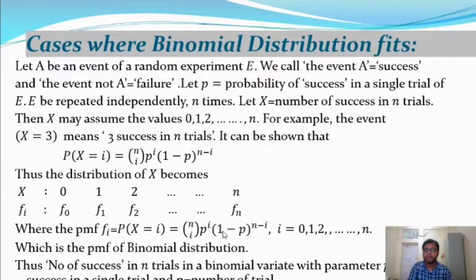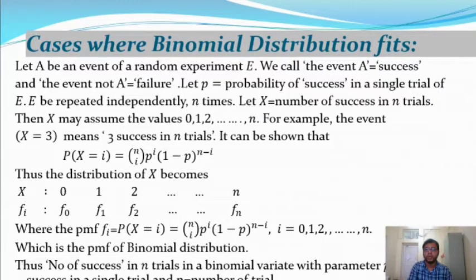So this is called the binomial distribution, and is denoted by fi, or probability of x equal to i, or B(n, p), where p and n are the parameters, where p is the probability of success in a single trial and n is the number of trials, total trials. So the number of successes in n trials is a binomial variate with parameter p, the probability of success in a single trial, and n the number of trials.